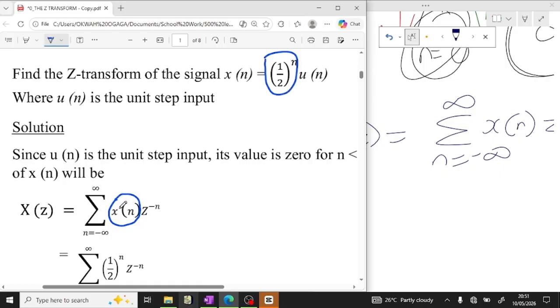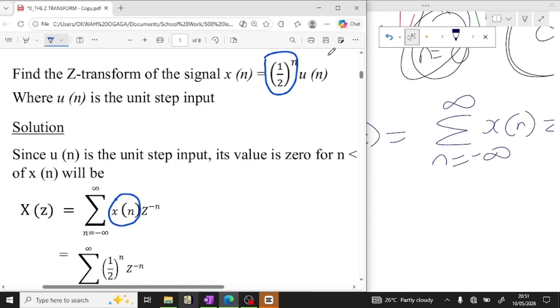So where you have x of n, instead of writing x of n, you write this thing. That's what they have exactly here. Are we seeing what's happening? That's the substitution, with the sum from n equals negative infinity to positive infinity.